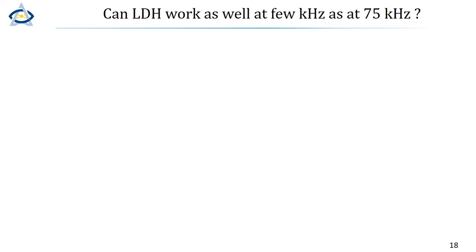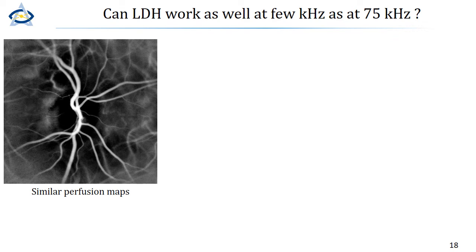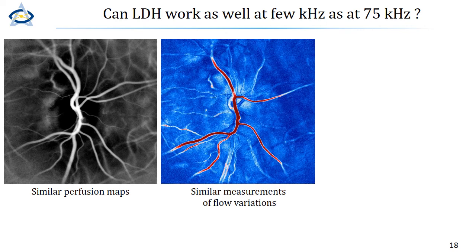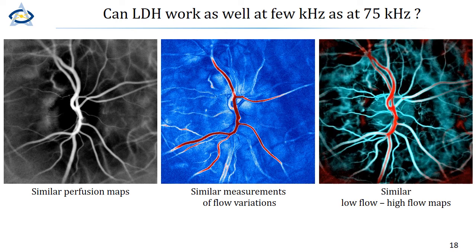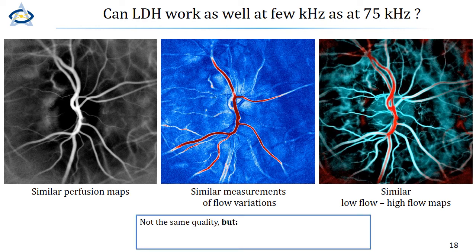So we are left with a question here: how well can LDH work at a few kilohertz as what it can do at 75 kilohertz? So we've demonstrated that we can do similar quality of perfusion maps, of flow variations, and of this low flow, high flow maps. The quality is not exactly the same as at very high frequency, but it's surprisingly good considering how undersampled the signal is, and it's sufficient for clinical use.